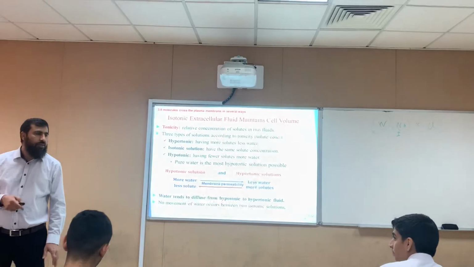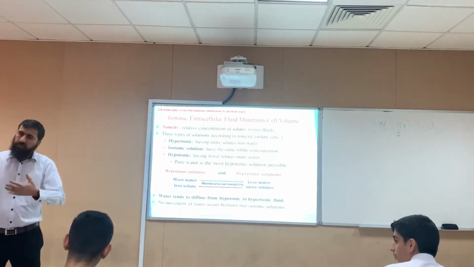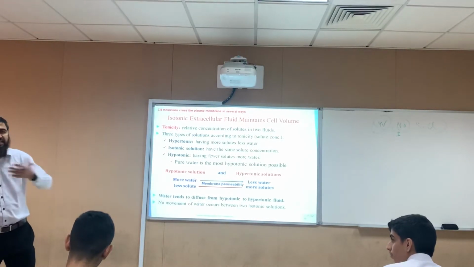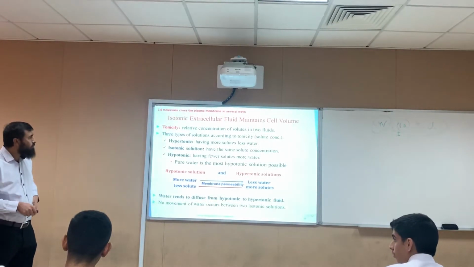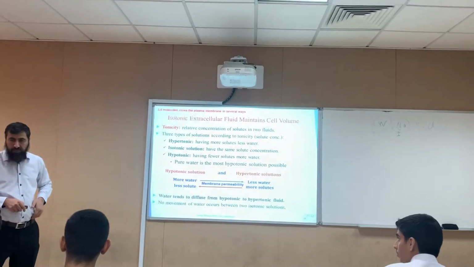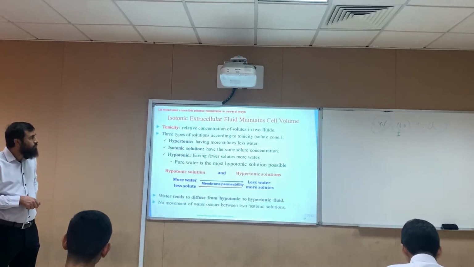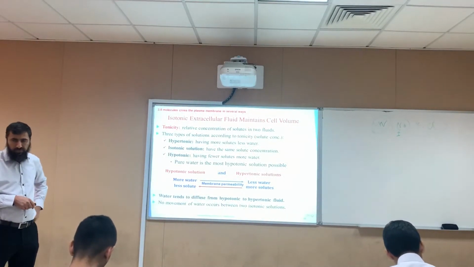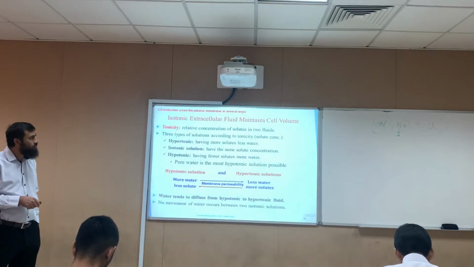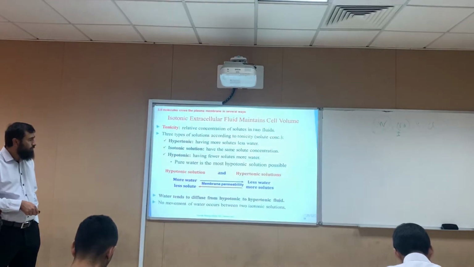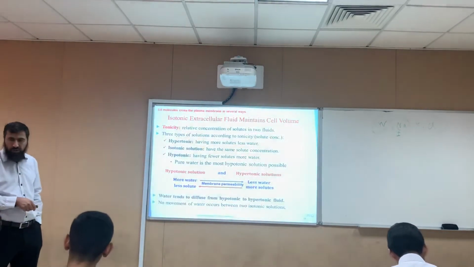No. If molecules move in, the same amount have to move out. It's equilibrium. When we're talking about tonicity, we're talking about the movement of water from different concentrations, so water diffused from hypotonic to hypertonic.